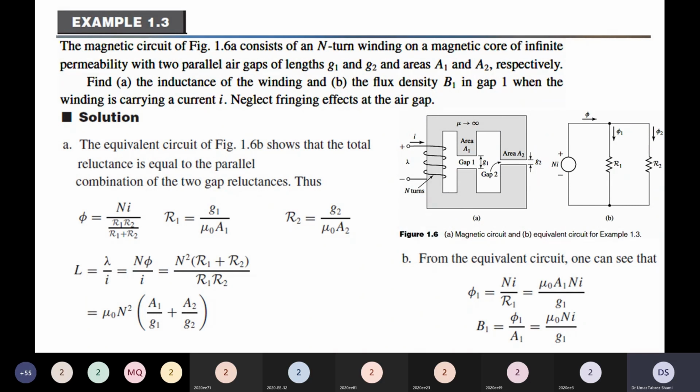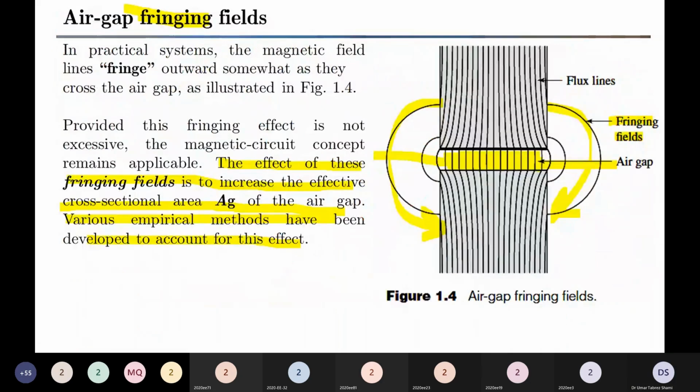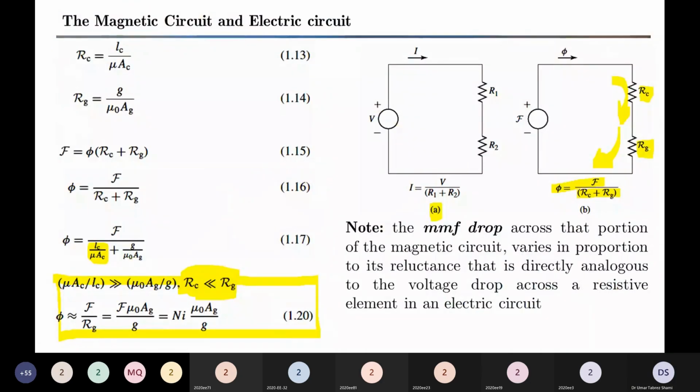That is, flux is Ni over the total reluctance. ये जो पहला equation है, ये equation कहाँ से आई? This equation we have got from here: mmf is equal to flux multiplied by total reluctance.